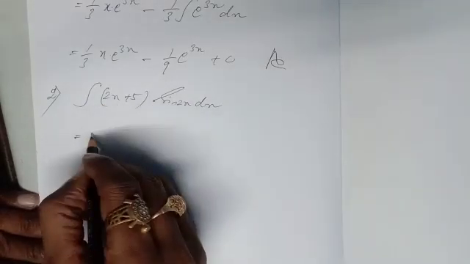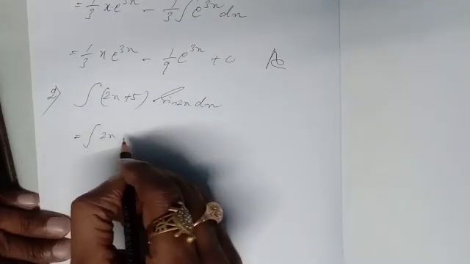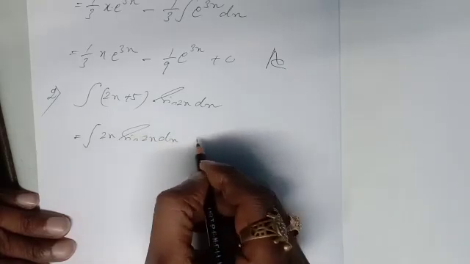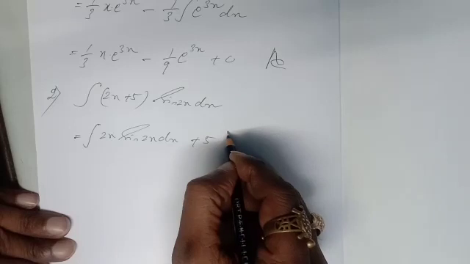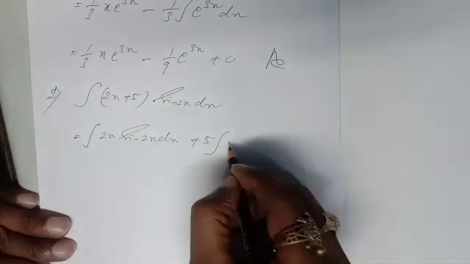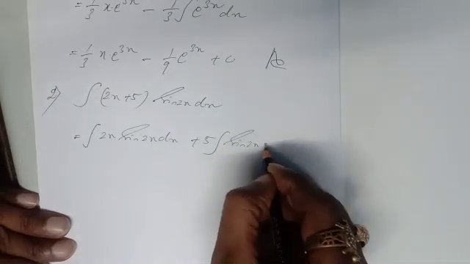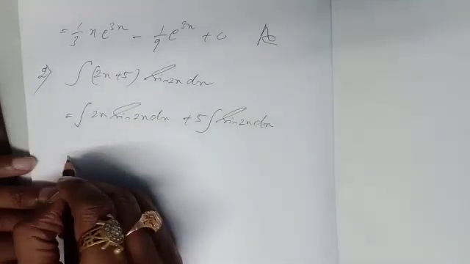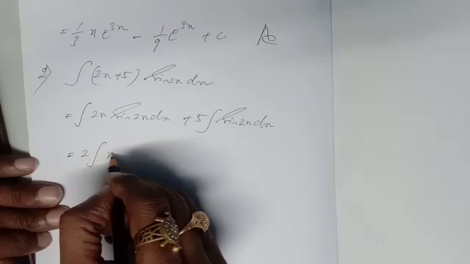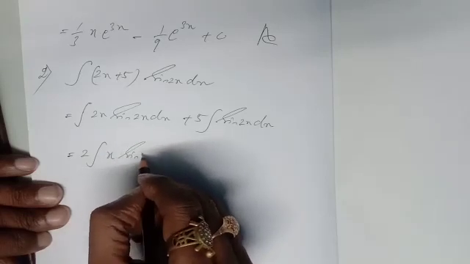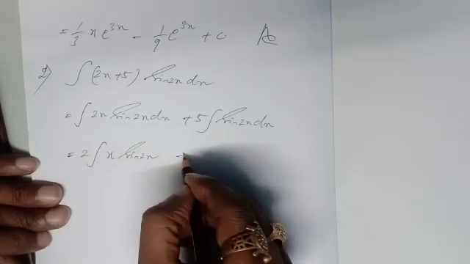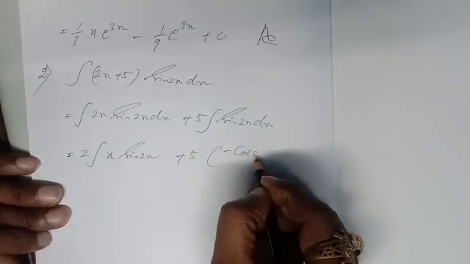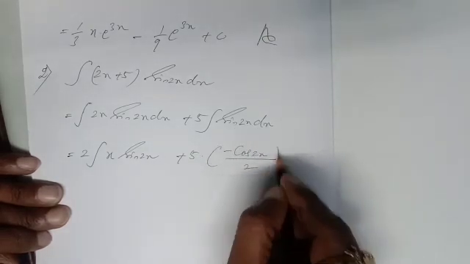That means 2 integration x sin 2x dx plus 5, a constant, taken outside, sin 2x dx. Here 2 is taken outside, x into sin 2x. Here also there are two functions. And what is the integration of sin 2x? That is minus cos 2x, with the coefficient of it divided.